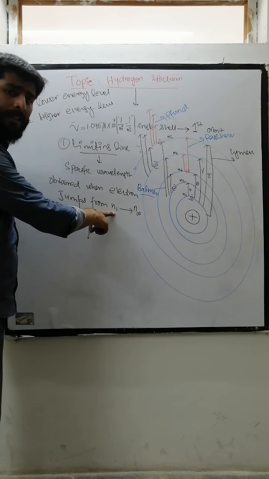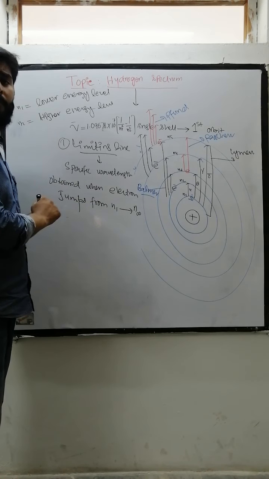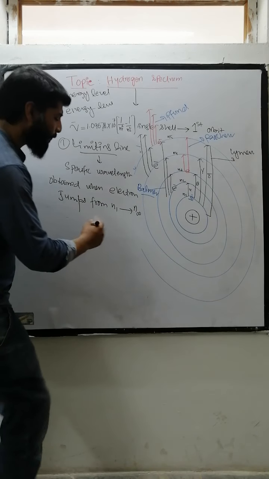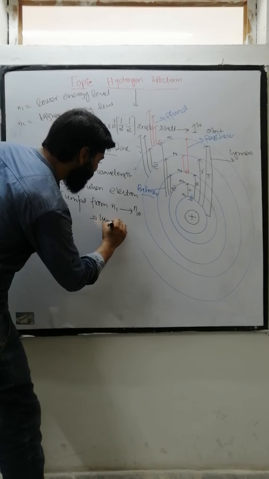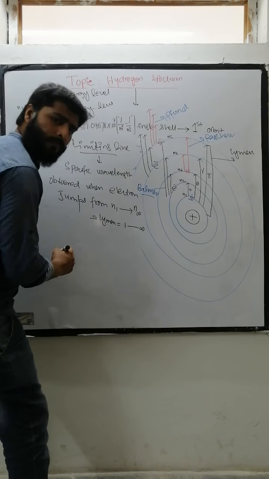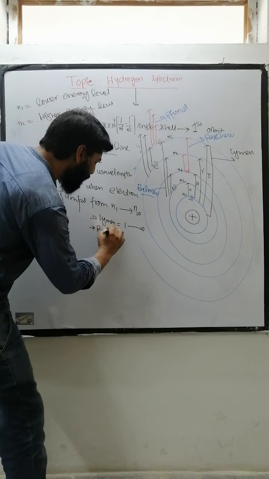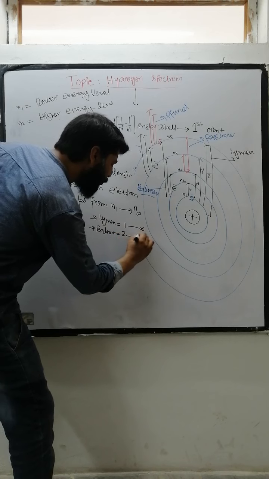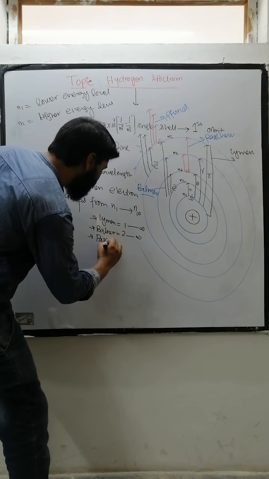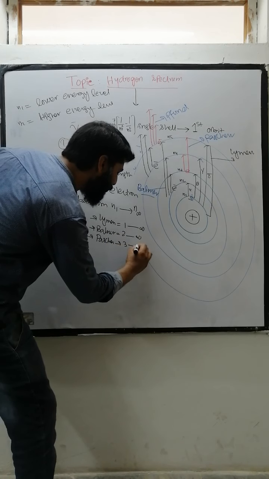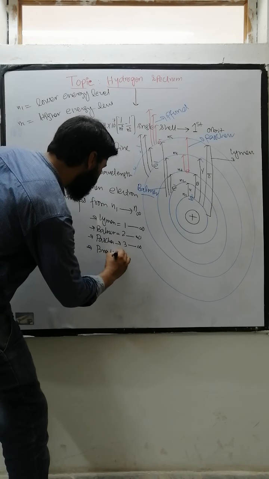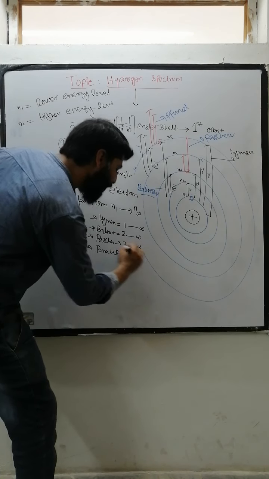What does n1 mean? n1 means lower energy level and n2 means higher energy level. For the Lyman series, it will be the transition from 1 to infinity. For the Balmer series, it will be 2 up to infinity. For the Paschen series, it will be 3 up to infinity. For the Brackett series, it will be 4 up to infinity.